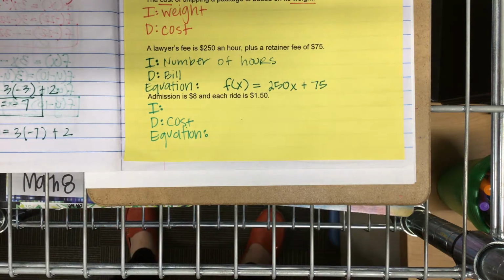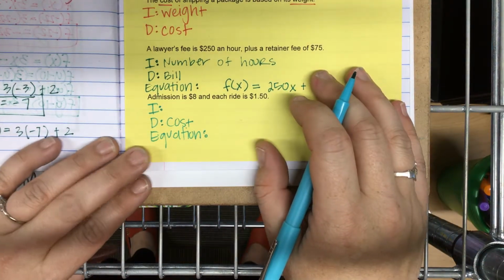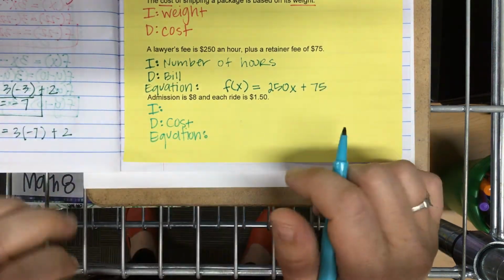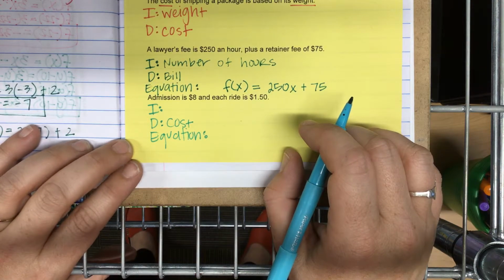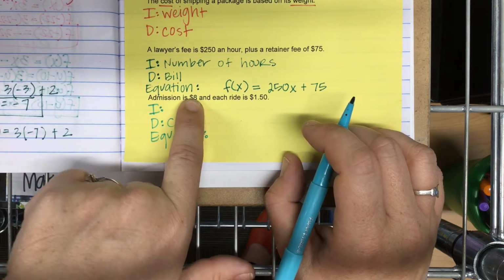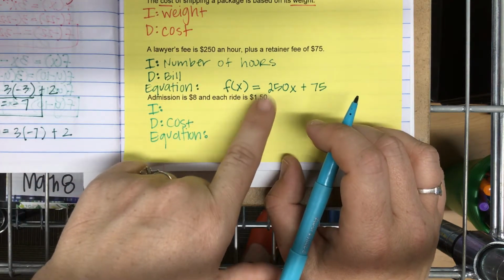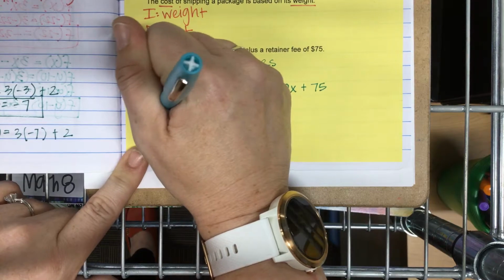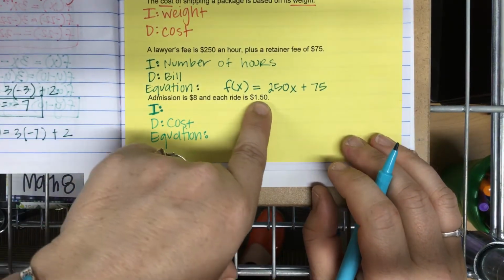Yeah, so what's my independent variable up here? Admission and ride. Not admission. Admission's the same for everybody. The thing that we can control, right? One ride is $1.50. Can I pick how many rides I go on?